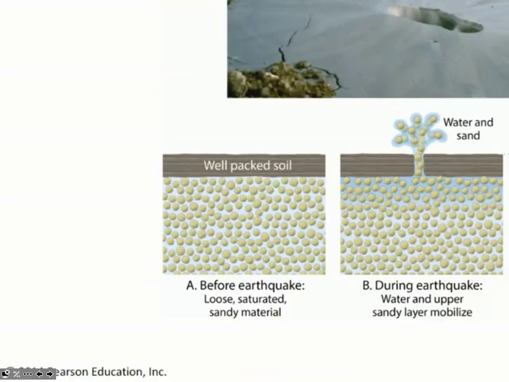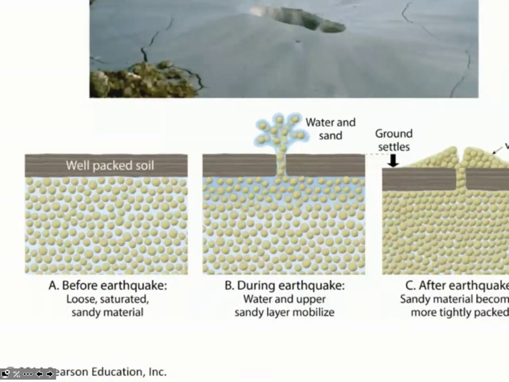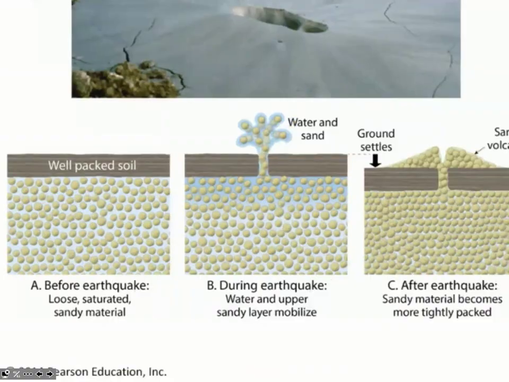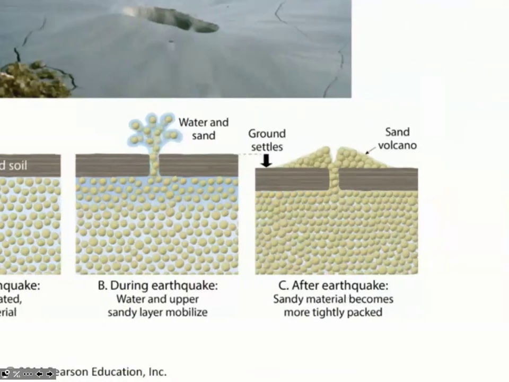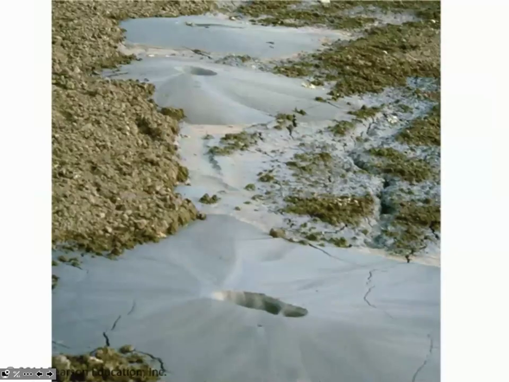When it's shaken, that sandy, watery material ends up flowing very easily out of little fractures in the surface. It ends up then producing these sand volcanoes with the material that's been displaced, but then the ground actually settles because the material has become more closely packed together. So after an earthquake, when you see these little sand volcanoes, realize that you're probably standing on a surface that is dropped by some amount.